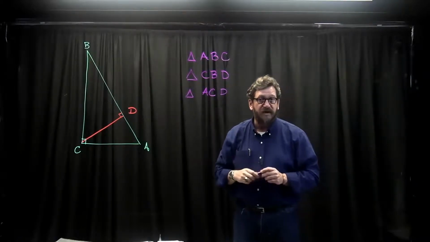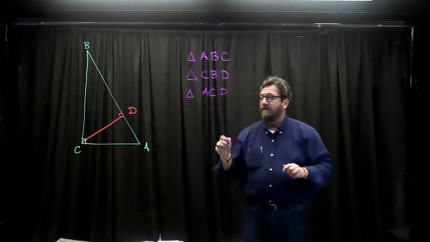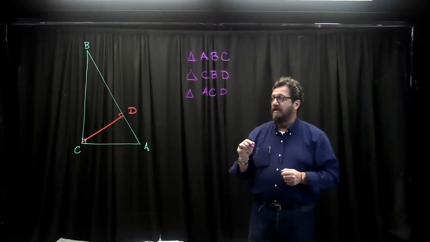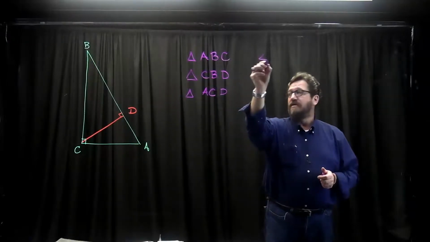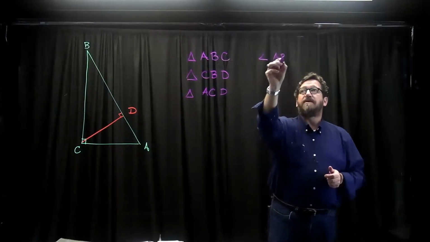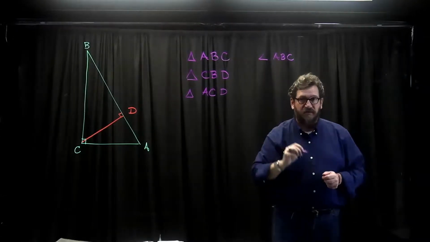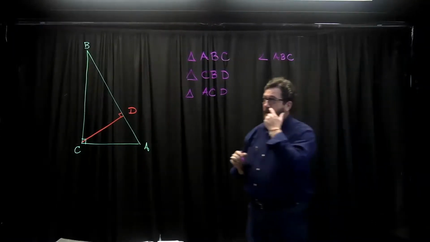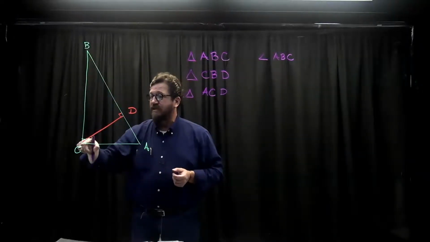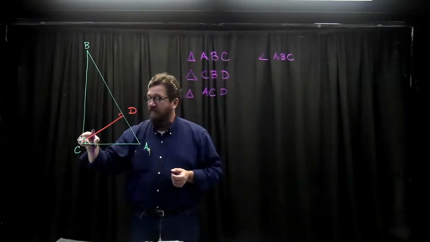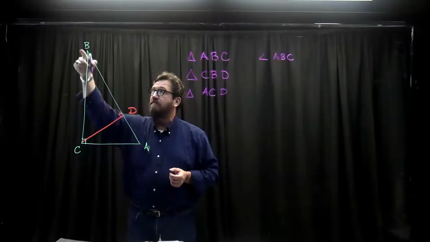Okay, so let's try this out now. So look at the first triangle, the big triangle, and we know that the big triangle contains an angle called ABC that is not a right angle. But notice angle ABC is exactly the same angle as CBD.